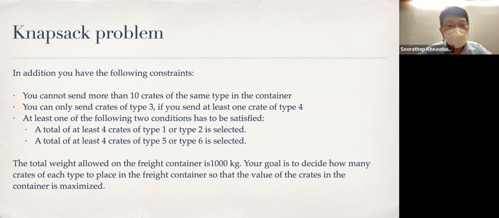And at least one of the following two conditions has to be satisfied: a total of at least 4 crates of type 1 or type 2 is selected, or a total of at least 4 crates of type 4, type 5, or type 6 is selected. Think about it.